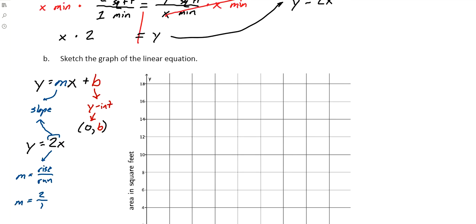So we're looking for plus a number or minus a number. We don't have that in this equation. But as long as you remember that adding zero doesn't change the value of any equation. So when you don't have anything being added or subtracted, remember you have plus 0. So our y-intercept is 0, 0 in this case.